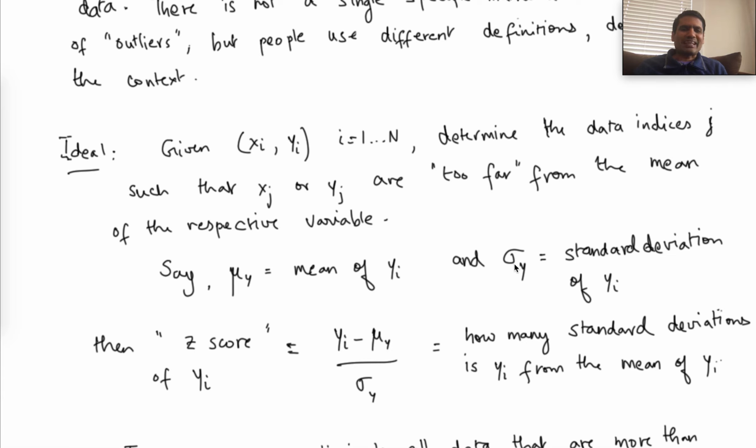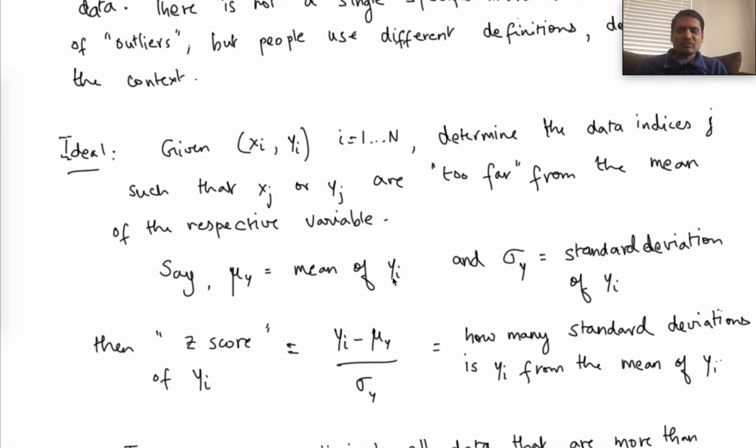And let's define the standard deviation of yi, which tells us something about how spread out the data is, right? So the mean is what's called a measure of central tendency, like the typical center point of the distribution. And the standard deviation is a measure of the overall distribution, the spread of the distribution.